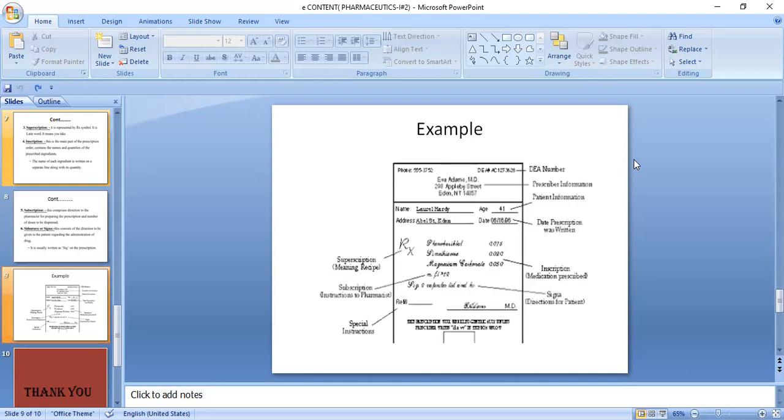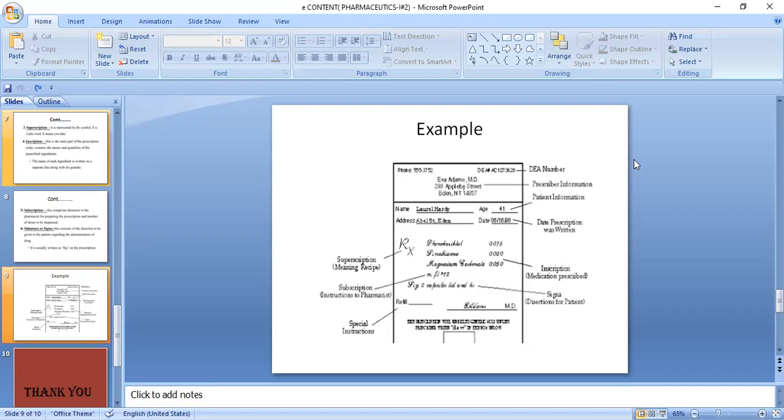So I have shown an example of a prescription. You can understand that the upper part consists of the date, name, and registration number of the prescriber. Then patient information consists of the name, age, address, and the date, and the weight, whose importance I explained in general. Then RX. RX means superscription.